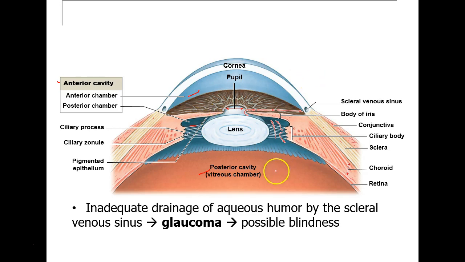The posterior cavity is the vitreous chamber, containing the vitreous body, which is more of a gelatin-like substance. The aqueous humor in the anterior cavity is constantly produced and replenished and moves from the posterior chamber to the anterior chamber, where it is reabsorbed. If this is improperly functioning, we can start to develop glaucoma.